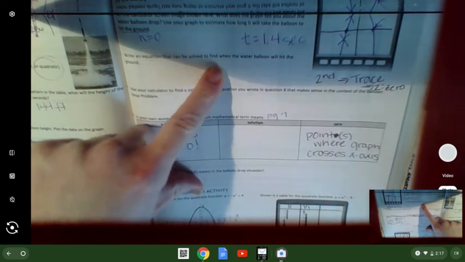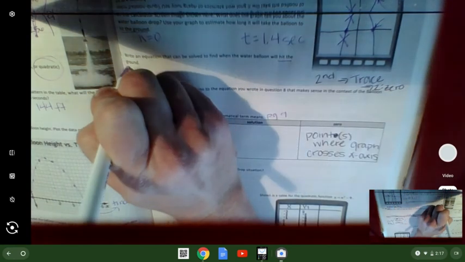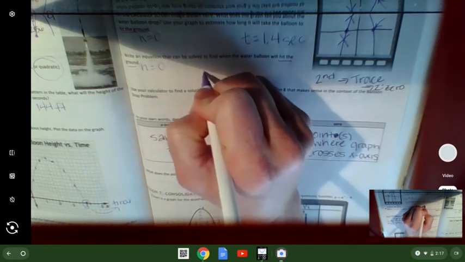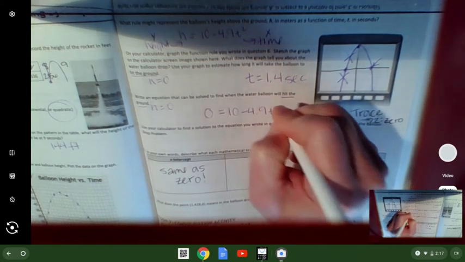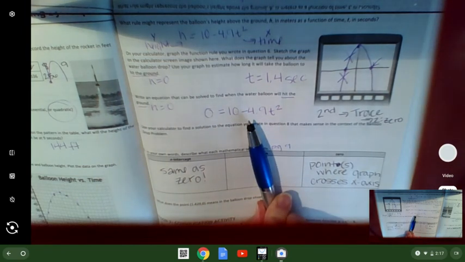Now, solution. I'm going to go back one. If we had to write an equation that can be solved to find when the water balloon hits the ground, well, we know hitting the ground means we have a height of 0. So the equation we would be solving is 0 equals 10 minus 4.9t squared.